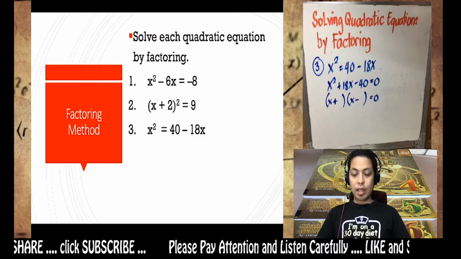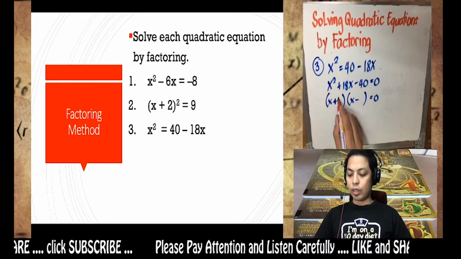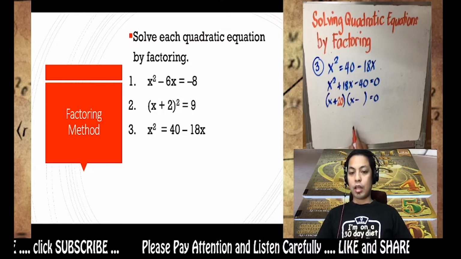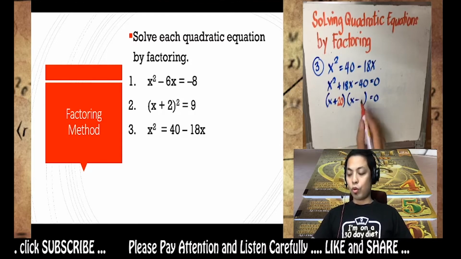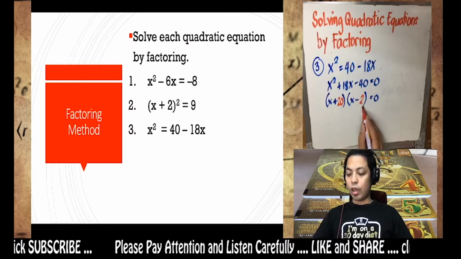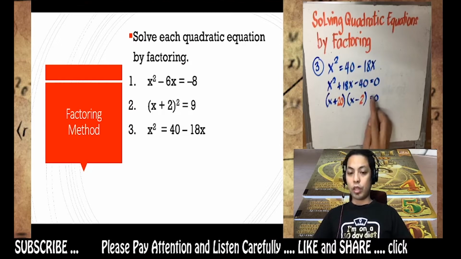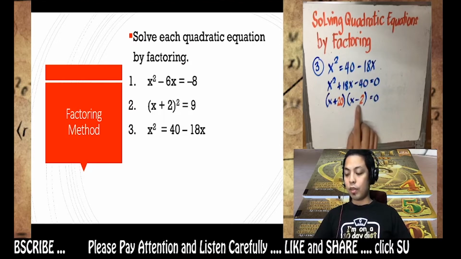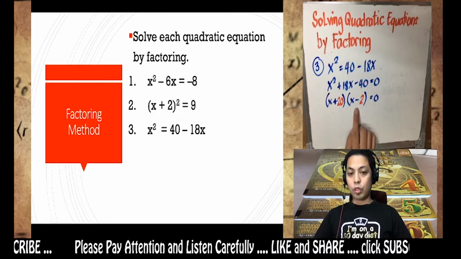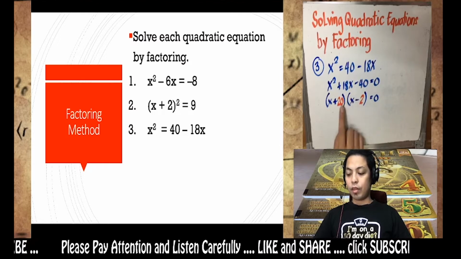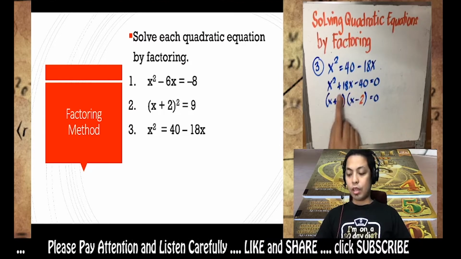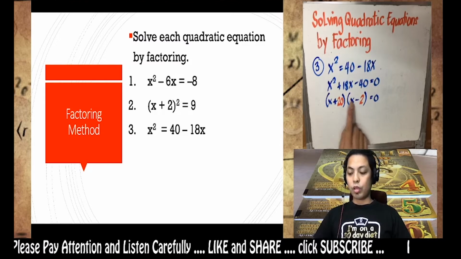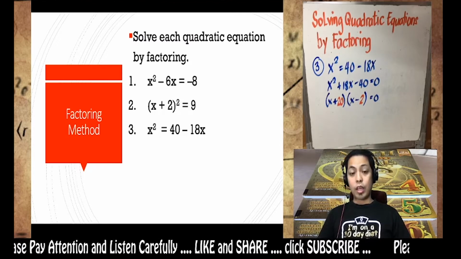So, ilalagay natin sa plus si 20. At yung minus, ilagay mo yung 2. 20 times 2 is 40. Since this is positive, negative, multiply, we have negative. And then you have 18 here. 20 minus 2 is 18. So, yan yung ating factor.